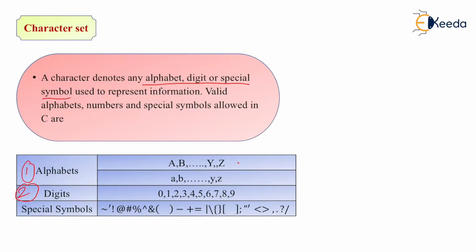Second, the digits which you can use are from 0 to 9, and the special symbols which you can use are these many. Through all these symbols, you can define the different information for your C programs.